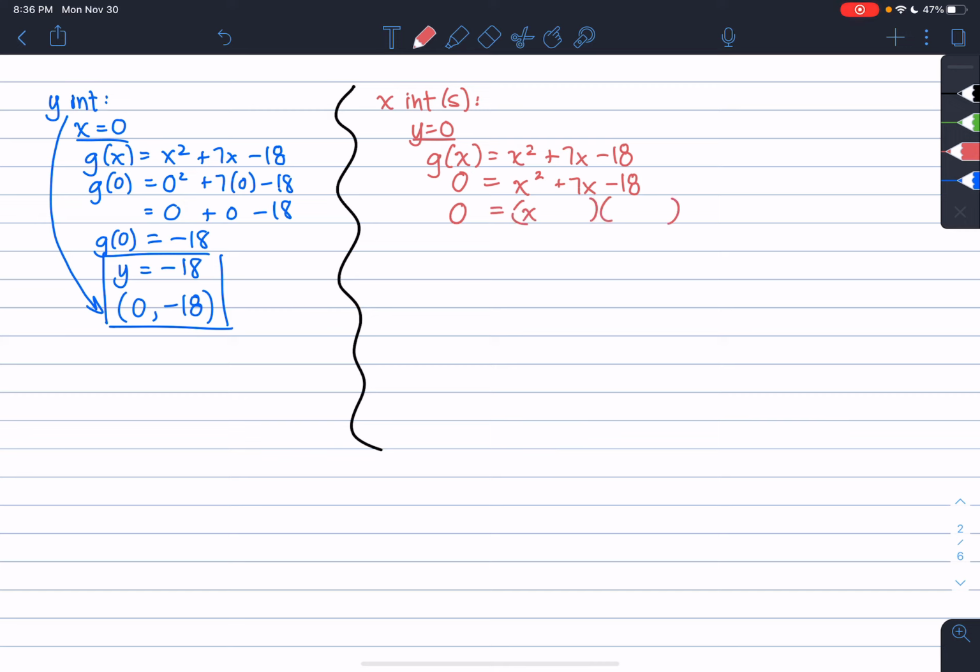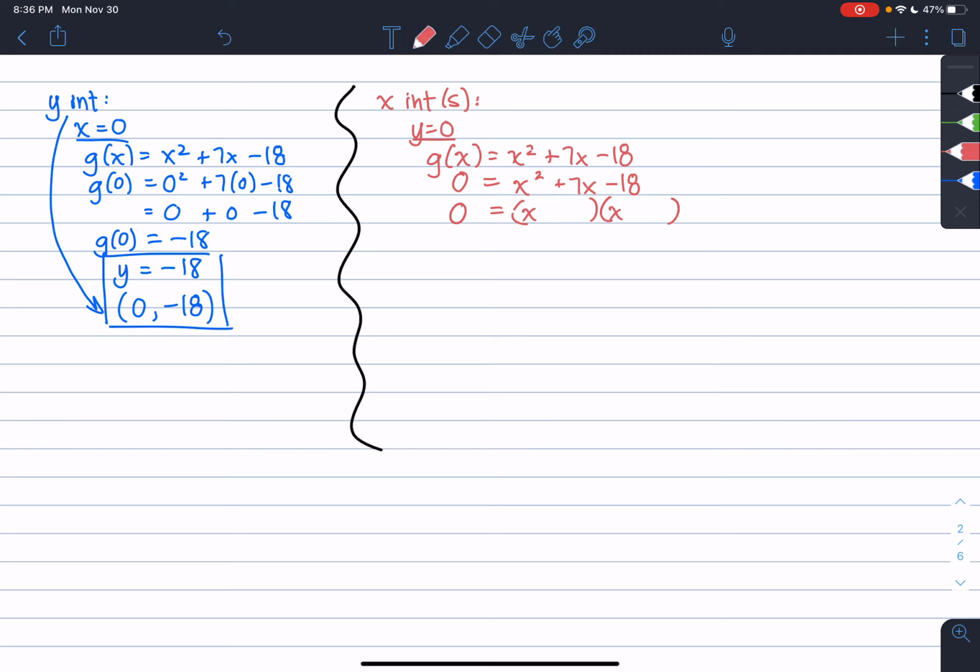Again, the first terms multiply to x squared, which means x times x is x squared. The next two terms, we want to be careful here. They need to multiply to 18, but combine so that when we check our work, it will give us 7x, positive 7x to be exact.